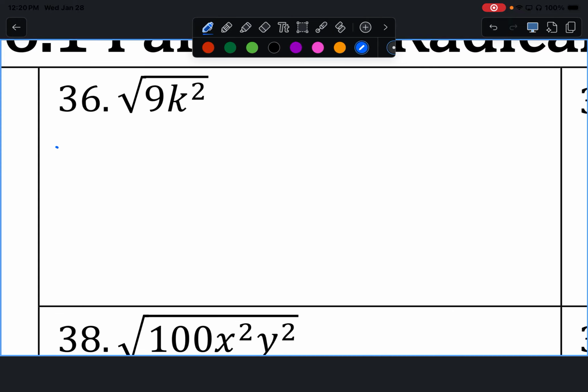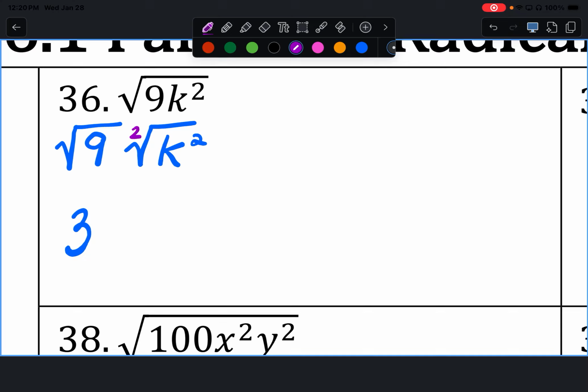What we can do is look at it as separate pieces: the square root of 9 times the square root of k squared. What is the square root of 9? 3. Now, we have the square root of k squared. Is 2 divisible by 2? How many times does 2 go into 2? So we have k to the 1, or just k. And that is our answer.